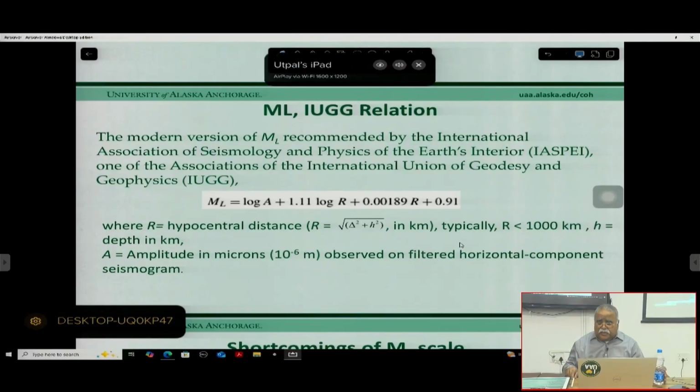Now, currently ML, the Richter magnitude, is not being used. Although if you see the report of any earthquake that has occurred in the press or on TV, they will first say it's the Richter magnitude scale, this magnitude is this much, because they never modified it.